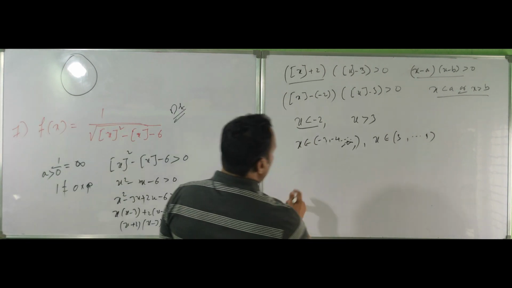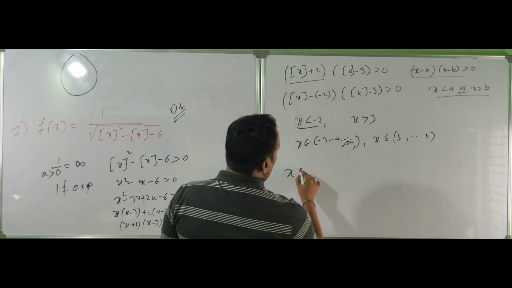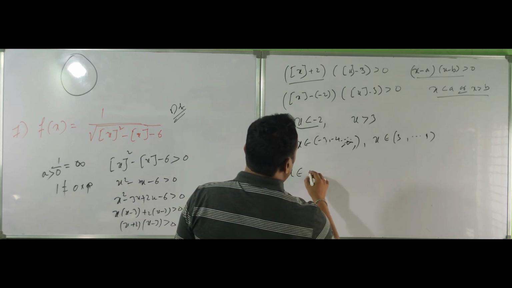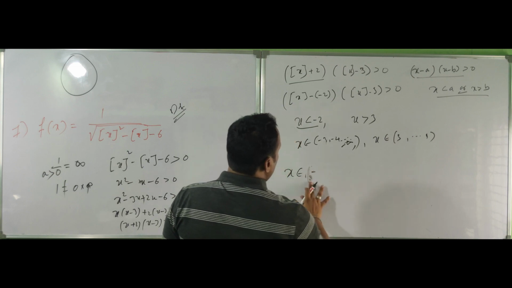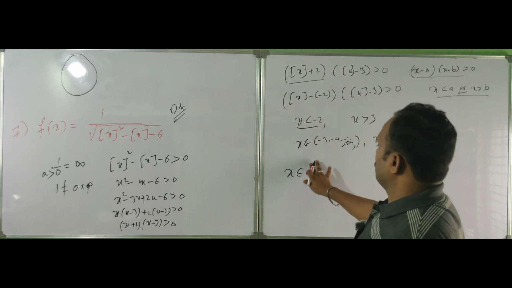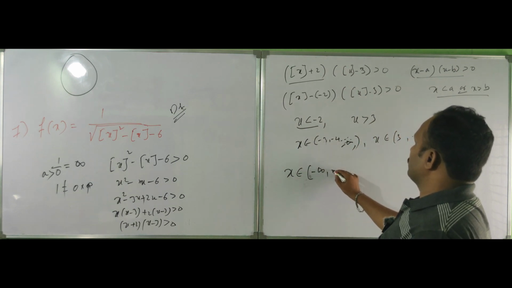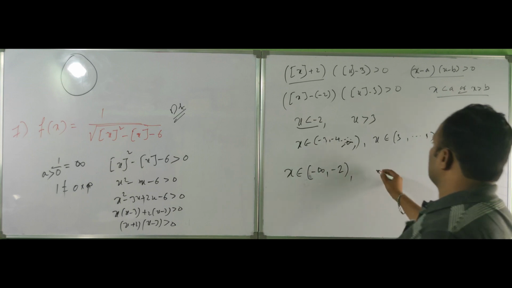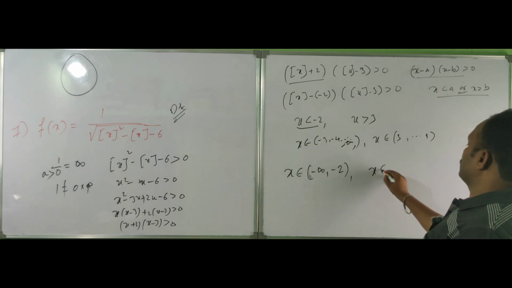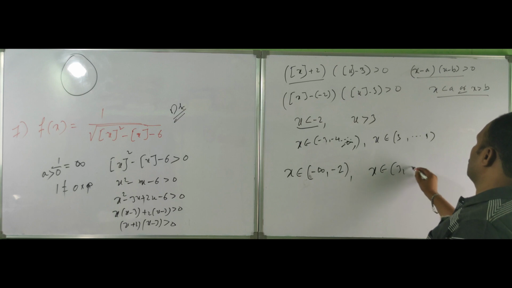Just a bit of confusion. x belongs to minus infinity to minus 2, and this becomes 3 to infinity.